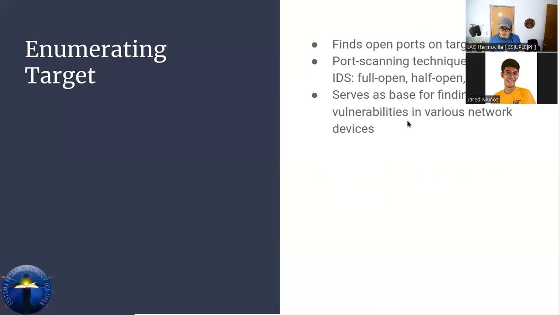Nmap is a tool that allows you to check for open ports in a system. I use this often to monitor hosts and servers and entire networks, and it serves as a base for finding vulnerabilities in various network devices. So we have a short walkthrough later on how this is done.